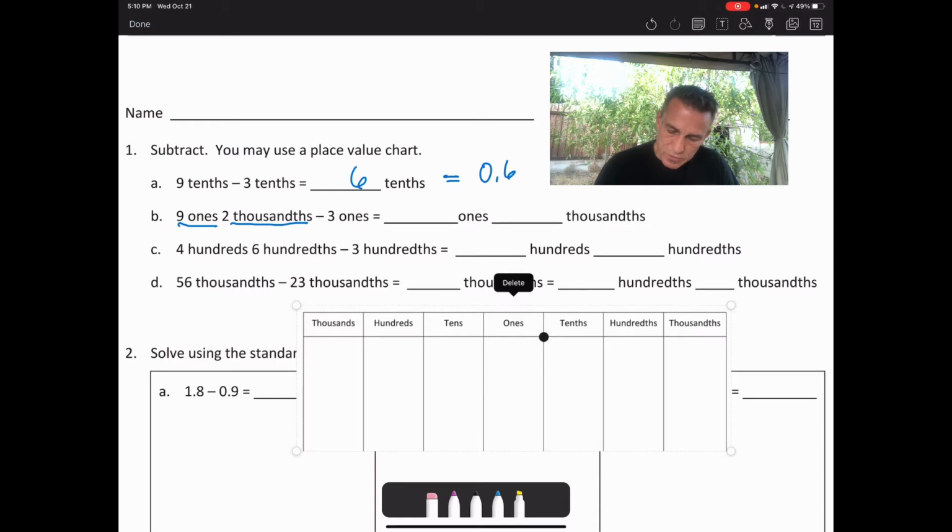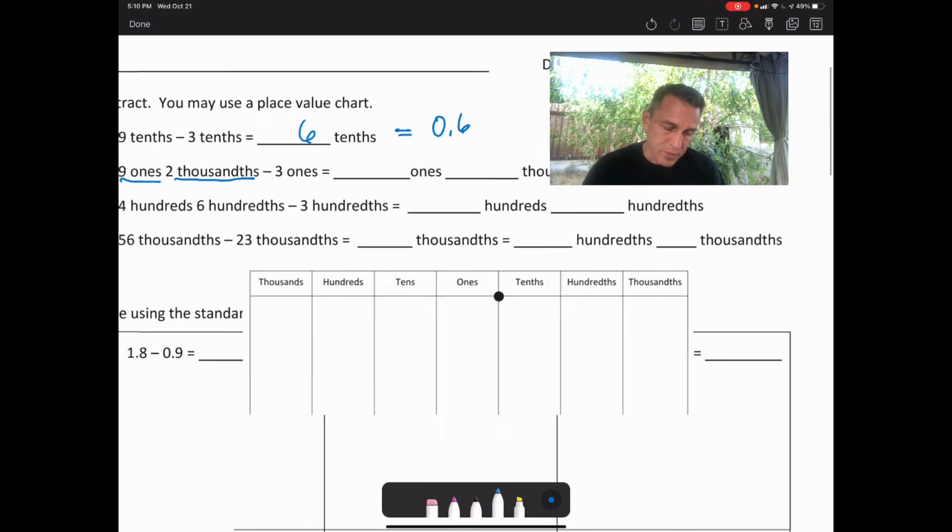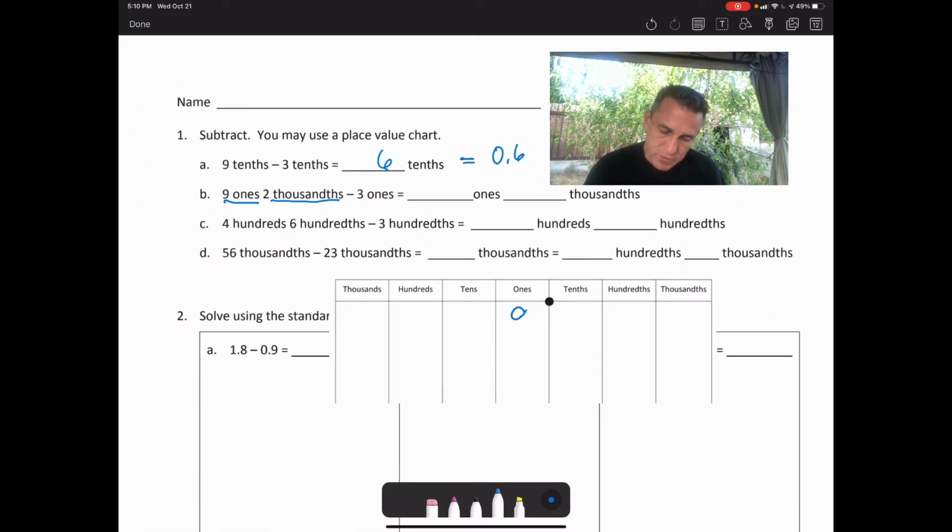Since it says 9 ones, I'm going to put a 9 in the ones place, and then I'm going to put a 2 in the thousandths place, which would leave me with a 0 in the tenths place and a 0 in the hundredths place.